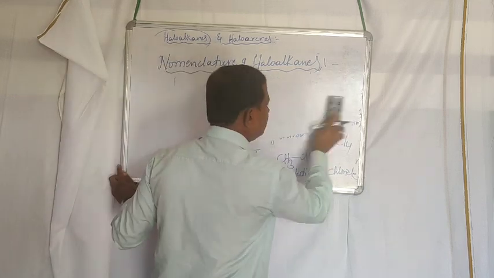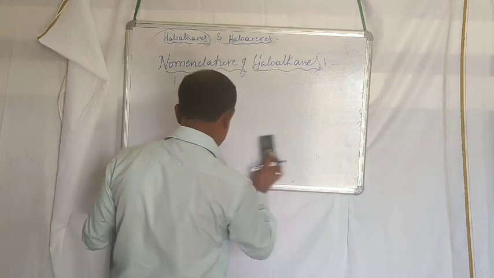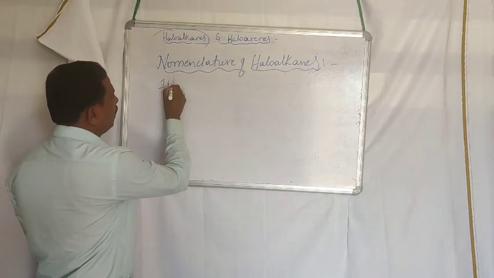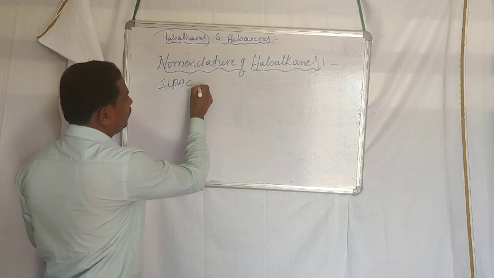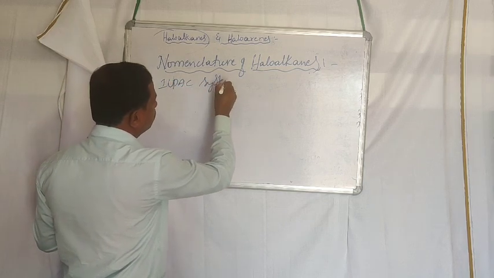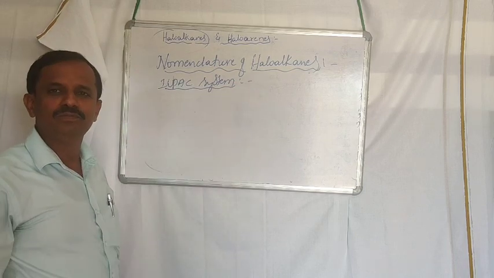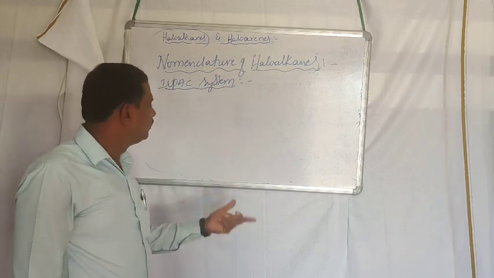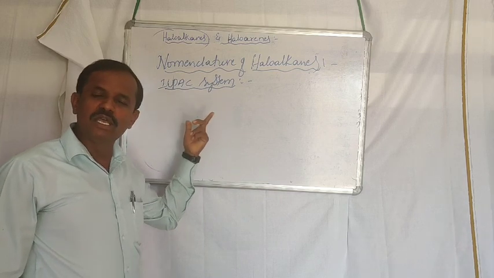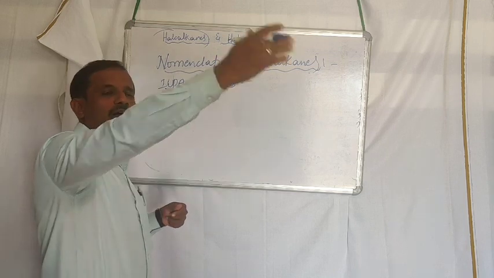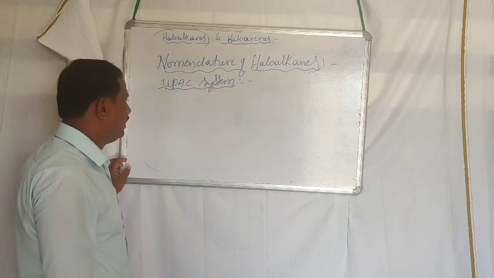Next, we will discuss the very important IUPAC names. In the IUPAC system, it is a one-word name. That is, the halogen is named first, followed by the alkane name.